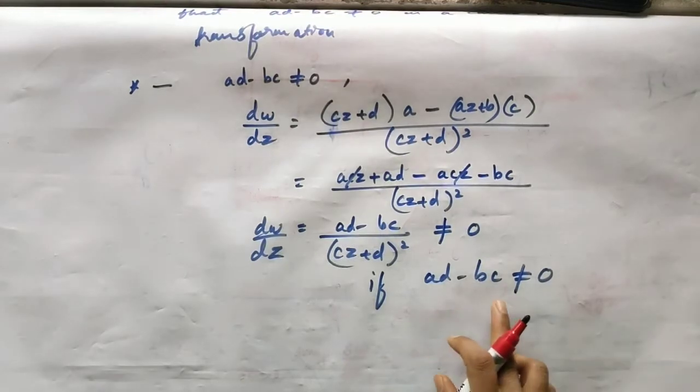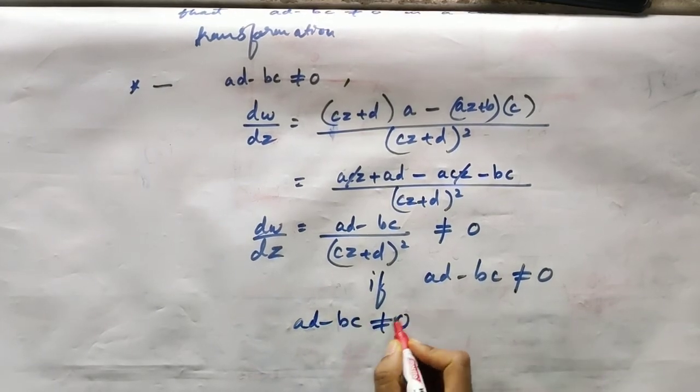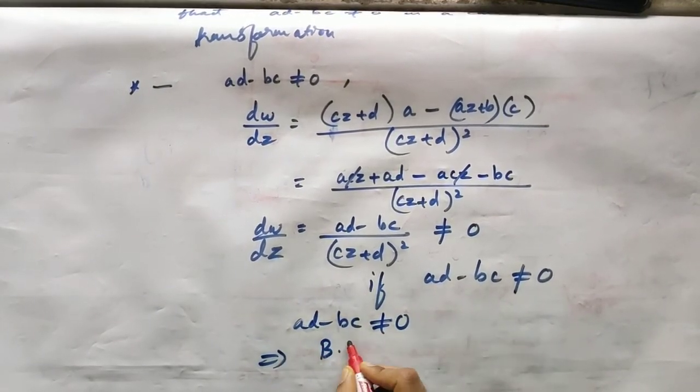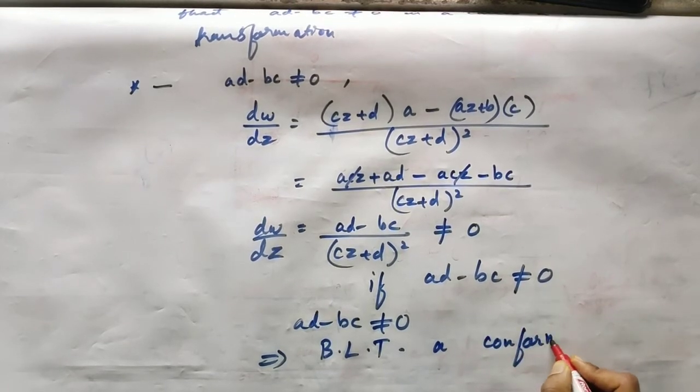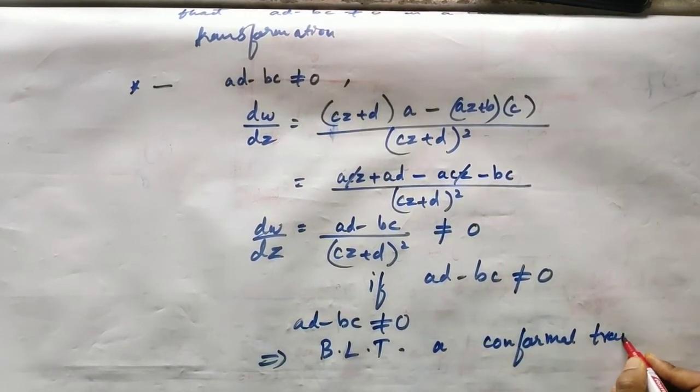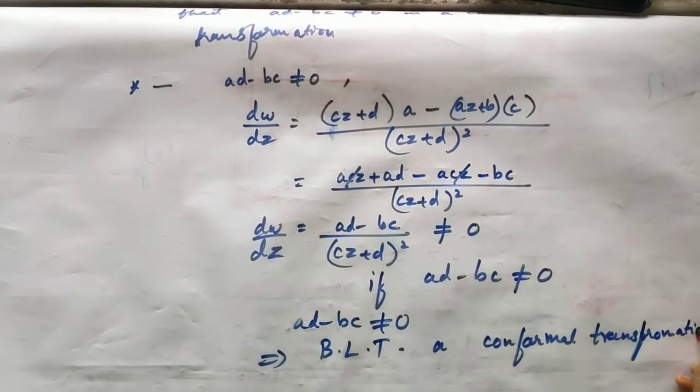Because this condition is imposed on the bilinear transformation, that AD minus BC should not be equal to 0, that makes the BLT, as we will call it in short, a conformal transformation. That confirms that the bilinear transformation is a conformal transformation because of this condition.